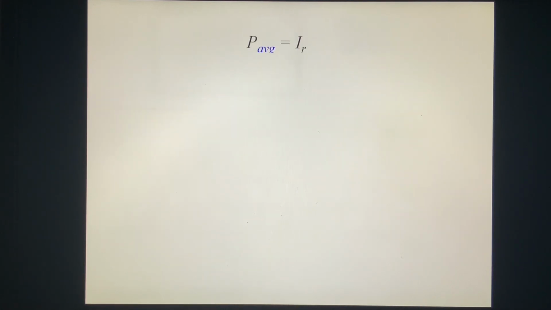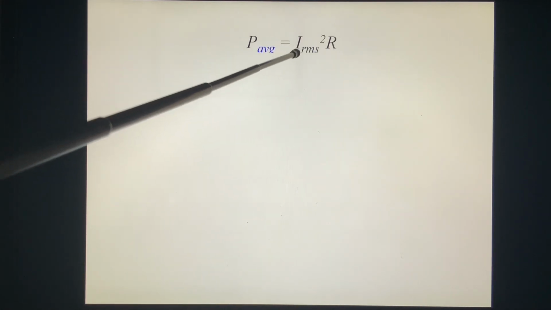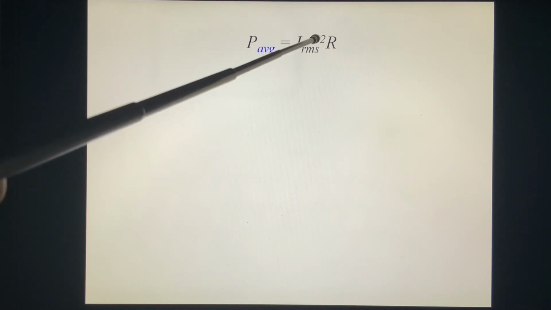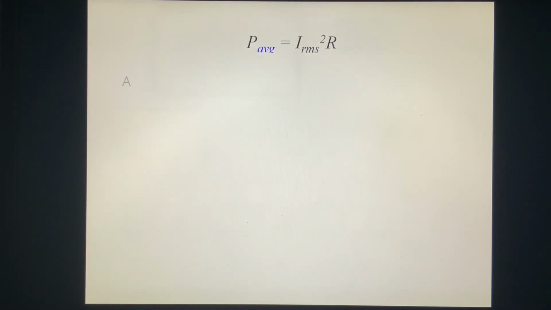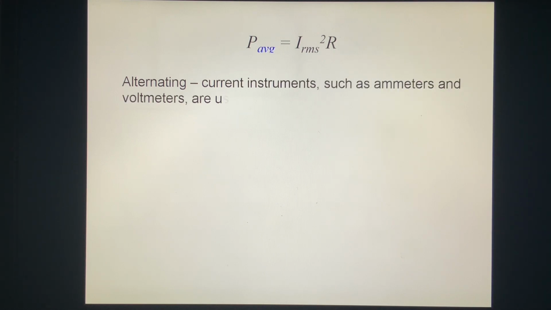So in this case, the P average is I root mean square squared times R. Alternating current instruments such as ammeter and voltmeter are usually calibrated to read root mean square values.